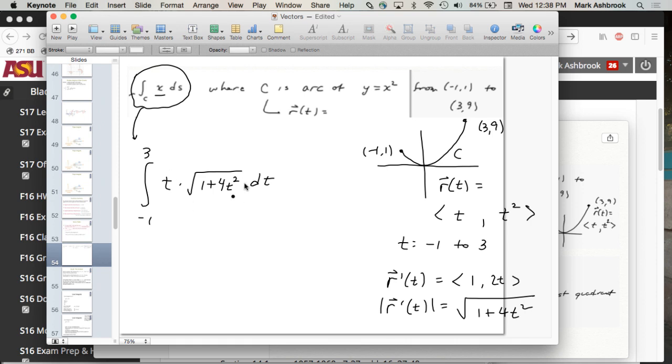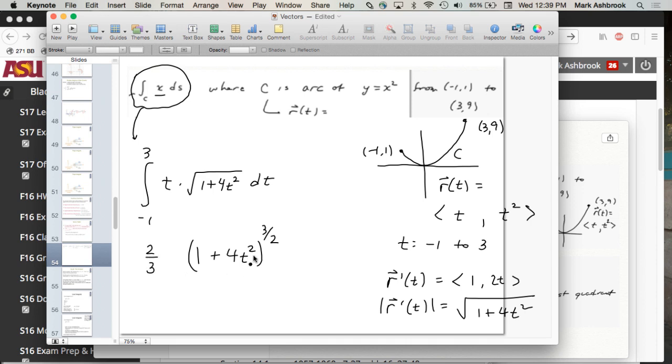Is that an antiderivative we can do? So this is a chain rule. Do you see this is a chain rule derivative? So undoing the chain rule gives us 1 plus 4t squared to the 3/2. We're going to need 2/3.